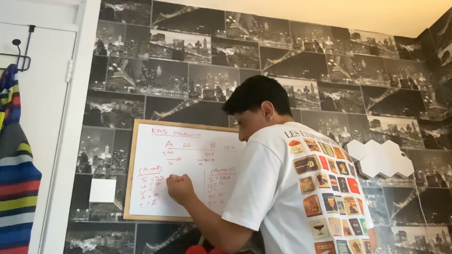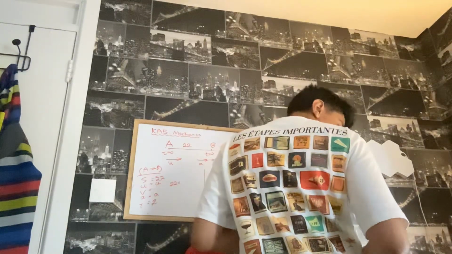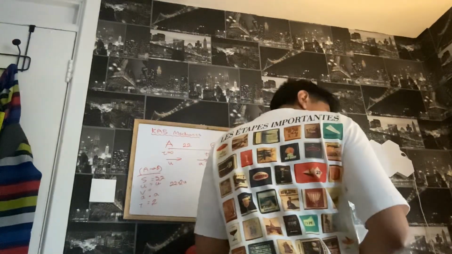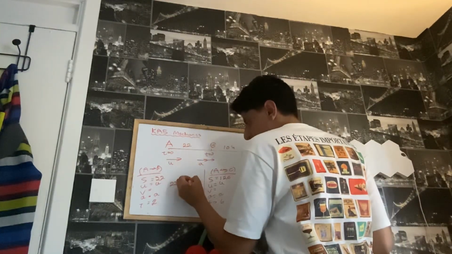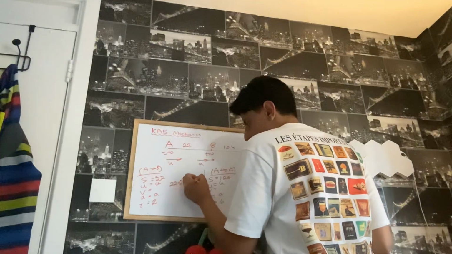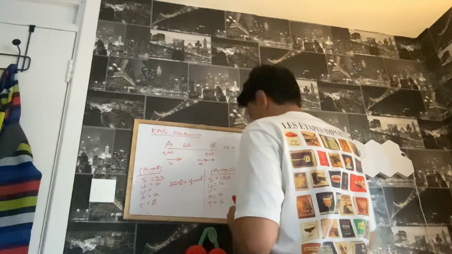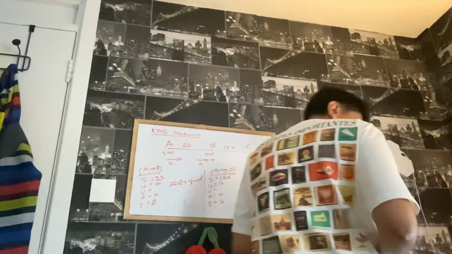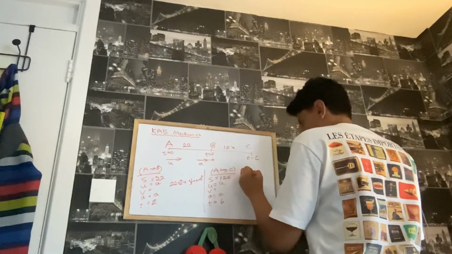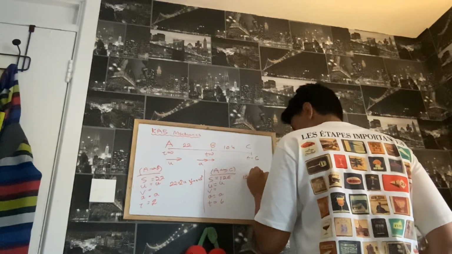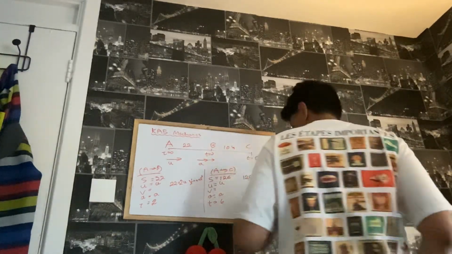22 equals 2u plus half times a times 2 squared. For this one, we would get 126 equals 6u plus 18a.